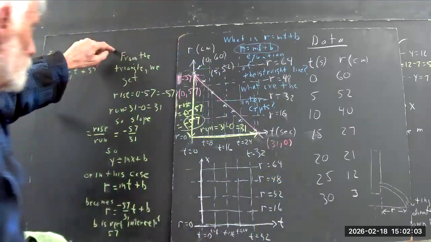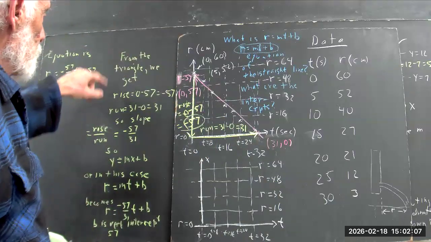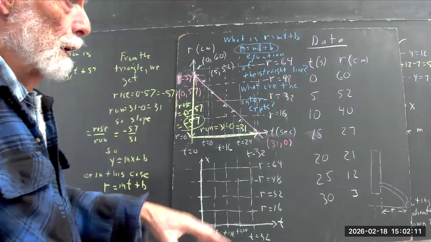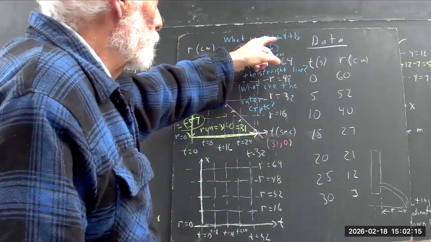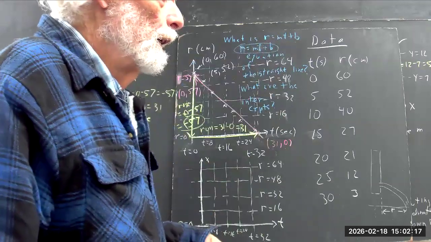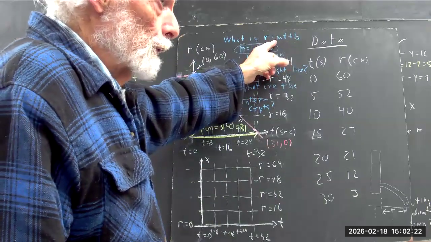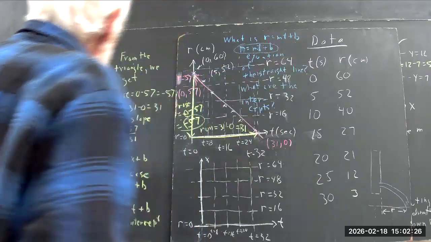Okay, so from the triangle we drew, we got the rise equals negative 57, the run equals 31. Now think again, why did we do that? We did that because we're trying to find an r equals mt plus b equation. R and t are going to be our variables. m is going to be our slope, and b is going to be our y-intercept.